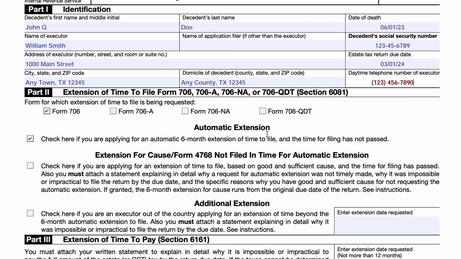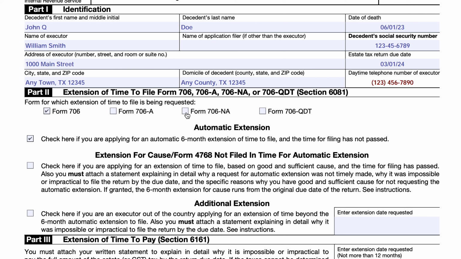This is the extension of time to file your respective tax return under Internal Revenue Code section 6081. At the very top, we're selecting Form 706, which is your basic generic estate and generation-skipping transfer tax return. You can also choose from IRS Form 706-A, which is the United States Additional Estate Tax Return.